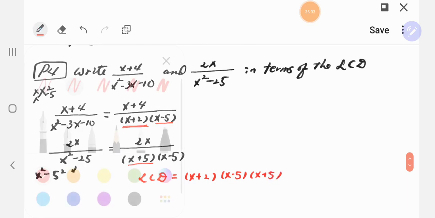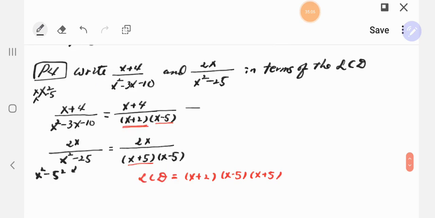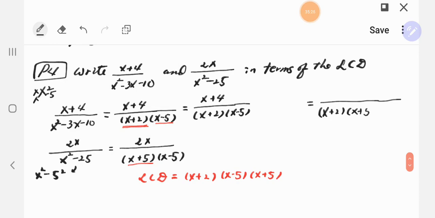So let's rewrite the fraction and multiply the denominator by something so that the denominator will be the LCD, x plus 2, x plus 5, x minus 5.